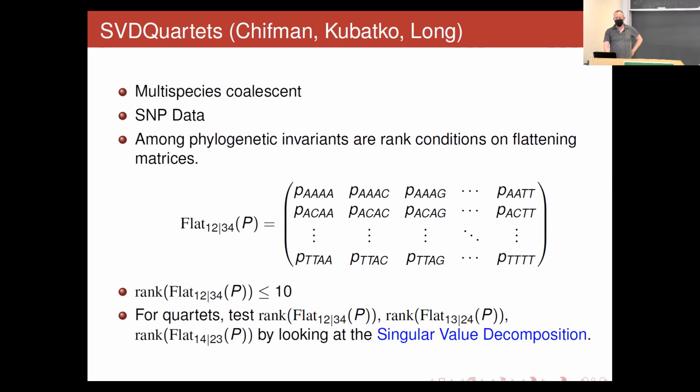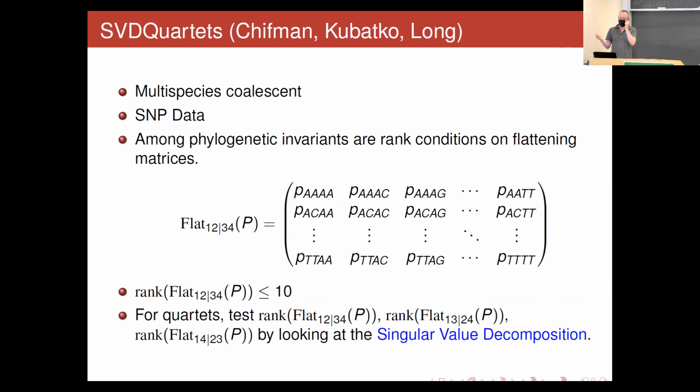And so what are you going to do to decide, on 4 leaves, which of the 3 possible unrooted trees is the best tree that explains your data? For each of those possible splits, you want to test, is my given matrix close to a matrix of rank 10 or not? And you don't do that by evaluating all the 11 by 11 minors of this 16 by 16 matrix.